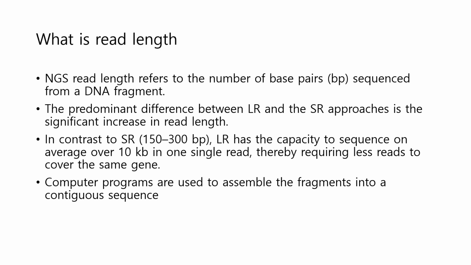In contrast to short-read sequencing, which comprises less than 300 base pairs, long-read has the capacity to sequence on average over 10 kilobases in one single read, thereby requiring fewer reads to cover the same gene. Computer programs are used to assemble the fragments into contiguous sequences.